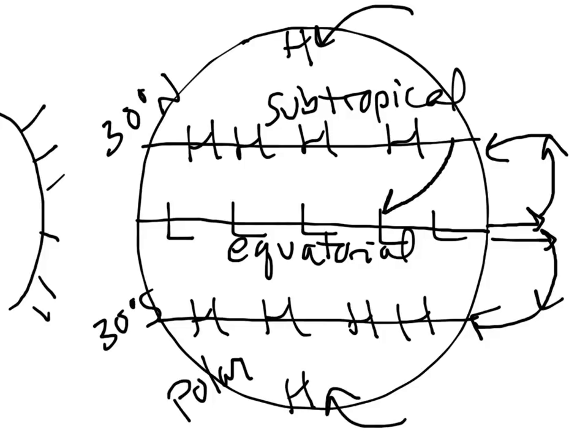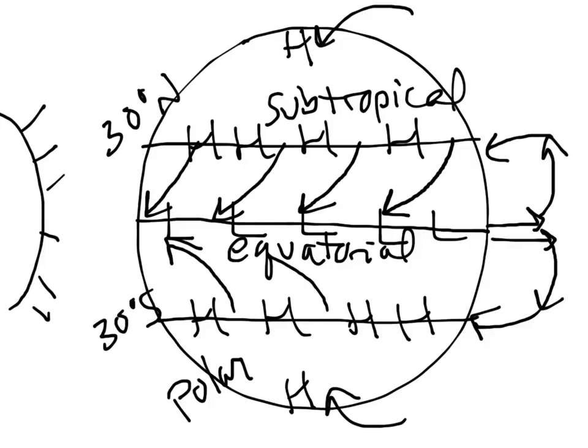It's getting veered to the right of initial motion due to the Coriolis effect. So this is the flow of air between 0 and 30 degrees of north latitude. The same is going to be true in the southern hemisphere. Air is flowing from the subtropical high toward the equatorial low, and it's getting veered to the left of initial motion due to the Coriolis effect. We've just created some surface winds.